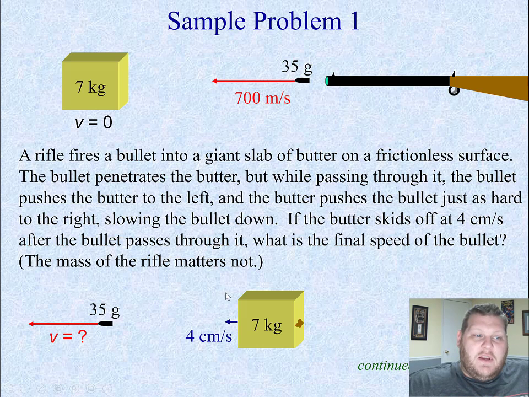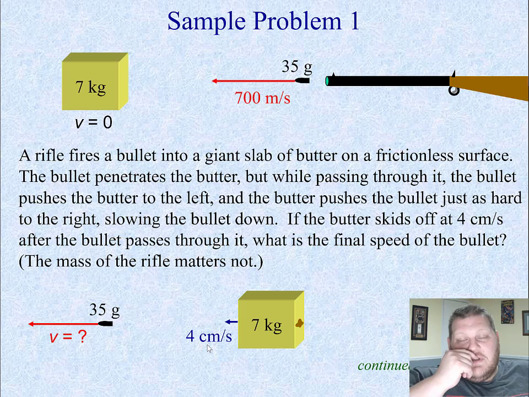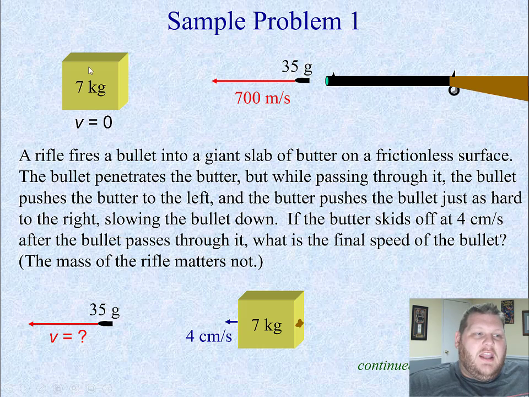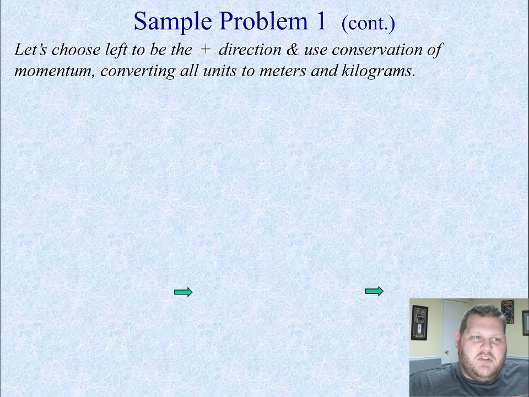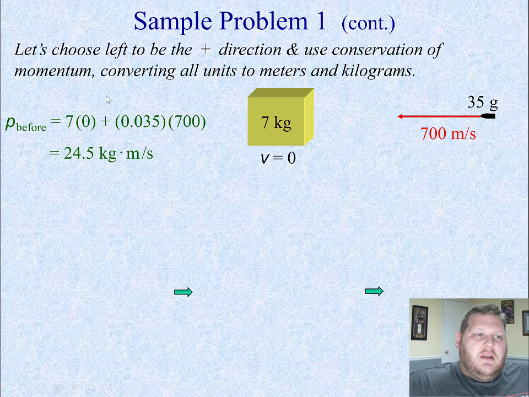The other thing we have to make sure matches is velocity: we've got 700 meters per second as the initial velocity of the bullet, but only 4 centimeters per second as the velocity of the butter afterwards. I have to make sure that those units match, and it's usually easier just to convert into our standard units. So we're going to go ahead and start doing that.